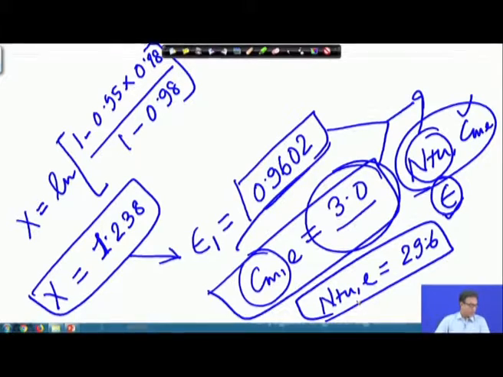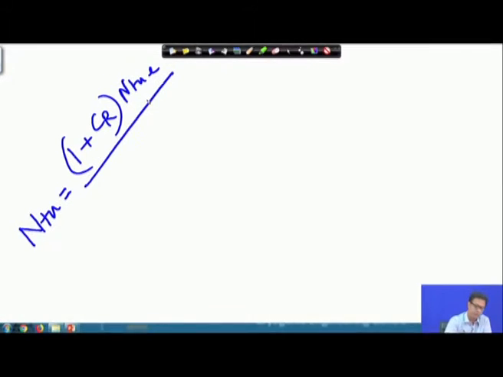NTU and NTU equivalent are related by the relation NTU effective divided by 2 CR.